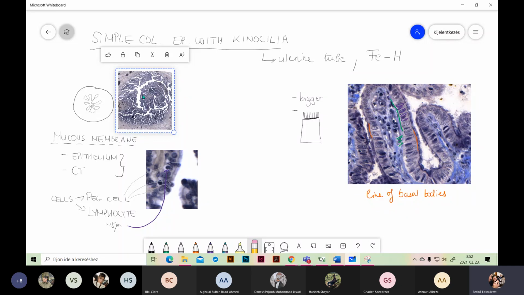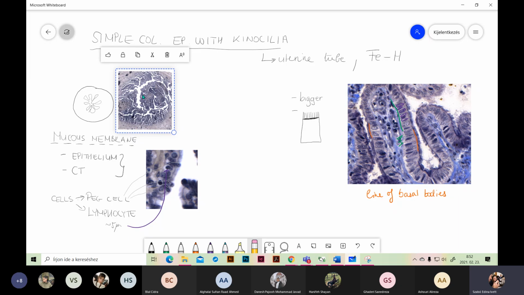Can the oocyte move to the uterus? Can the sperm cell reach the oocyte? It's not possible. So infertility can be a result of the inflammation of the uterine tube. Some sexually transmitted diseases could cause inflammation of the uterine tube, which can result in infertility. This was the first clinical importance in case of this slide.